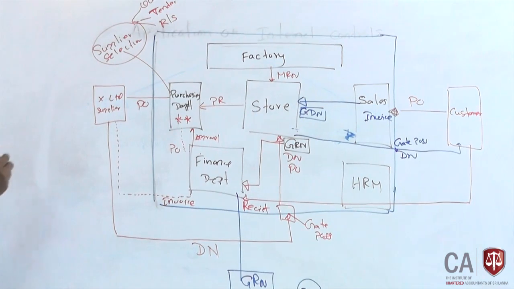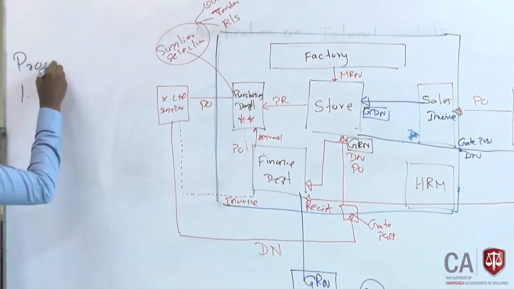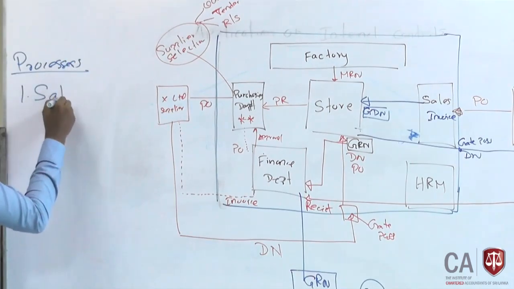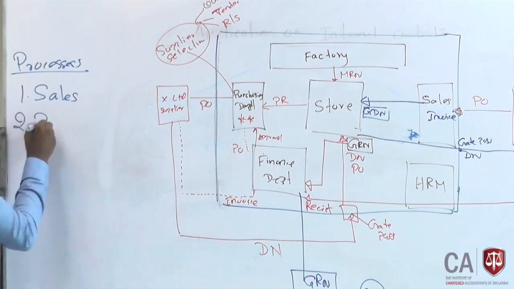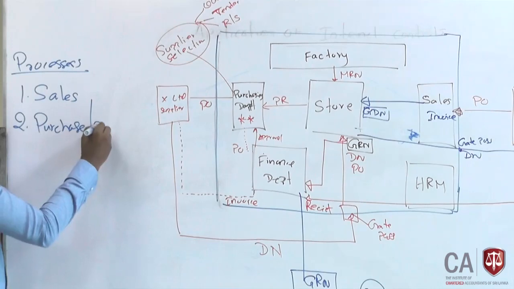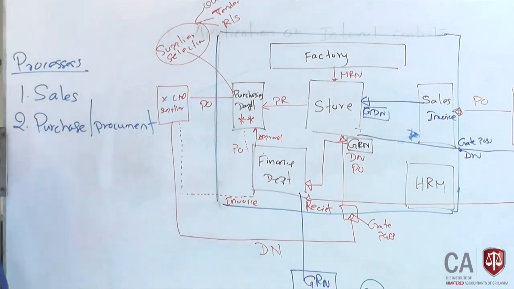Right, I will write here the number 1 process. So you need to have the sales process. You need to know about the internal controls which are relevant to the sales. The number 2, purchase, or we call procurement. The technical word for a purchase is procurement.